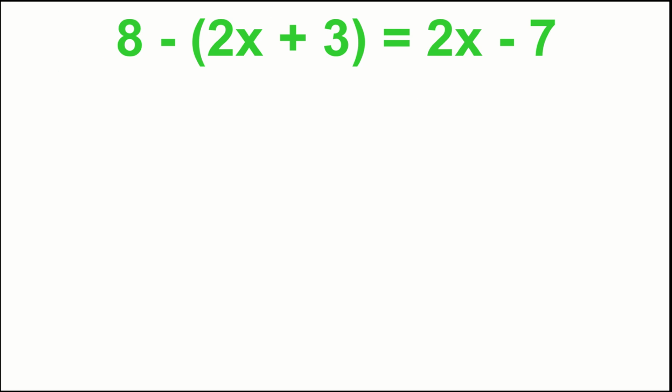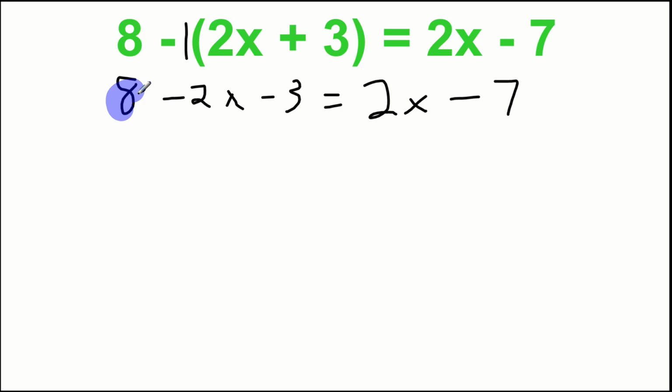All right, so we start off by distributing. When we distribute, that negative gets distributed through. It's like there's a negative 1 out in front. So negative 1 times 2x makes negative 2x. You got to remember to do it to the second part too. So the negative 1 times 3 makes a negative 3. And it's equal to 2x minus 7.